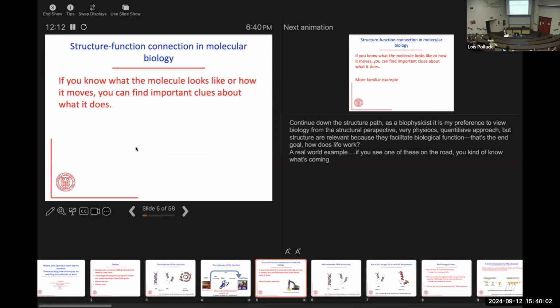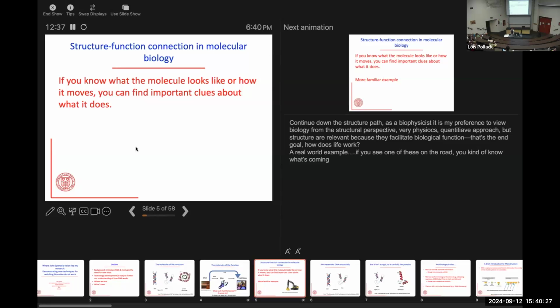Okay, so I've told you in very brief terms about structure, and then I've told you about function, the jobs that these molecules have. And there's a very important connection in molecular biology, the structure-function connection, which basically goes like this. If you know what the molecule looks like or how it moves, there's very important clues about what it does.